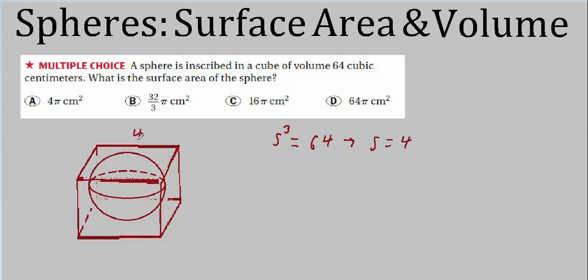What does that tell us? Well, if this thing is inscribed in this cube, then the distance from here to here across the sphere through the center, in other words, the diameter for the sphere, equals 4. So r equals 2.